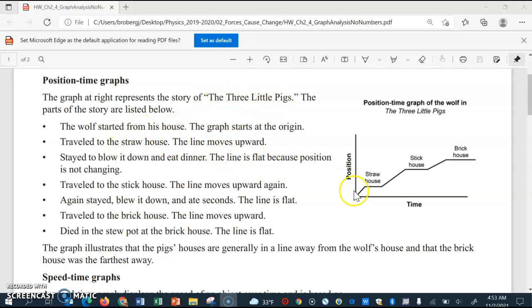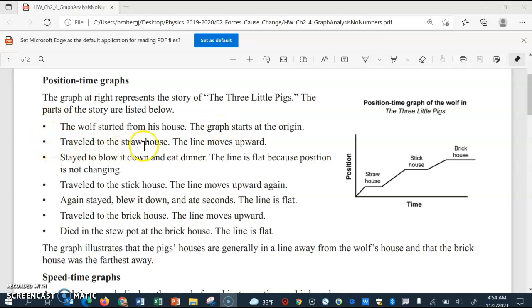When you draw a position versus time graph, you always start at the origin. It's kind of like we are always starting at the beginning. Like in this one, the wolf starts from his house, so the graph starts at the origin. What we're showing here is the position of the wolf in the story.